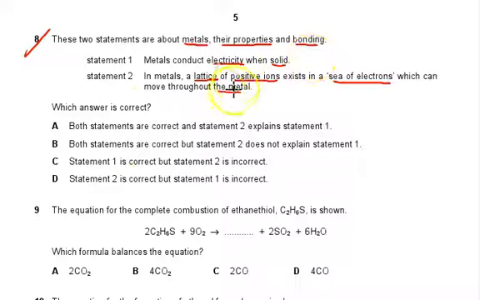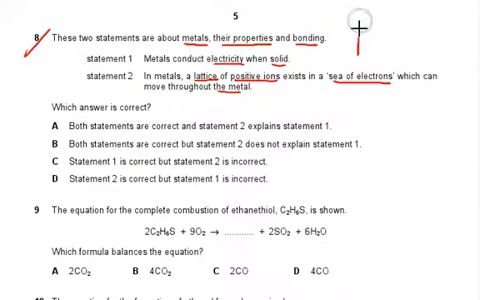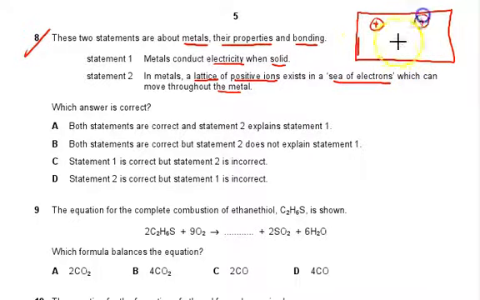So in metallic bonding, for your understanding, let's say we take a piece of any metal, like aluminium. Here we have the atoms, the positive ions, and you have a sea of electrons around them. A lot of electrons, so the current can actually pass through them easily.